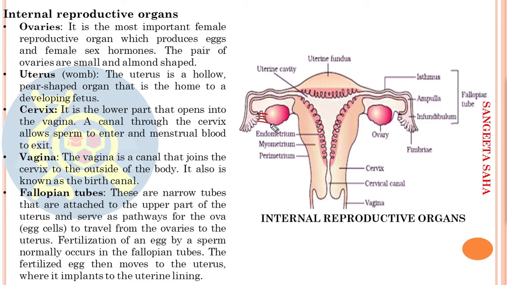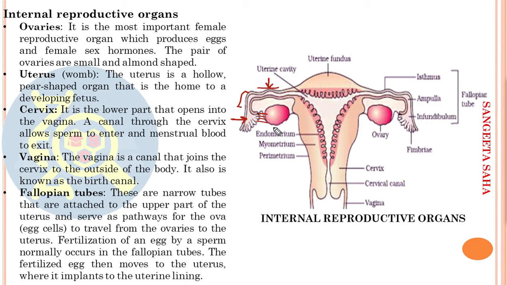Now, these ovaries have to produce eggs, and these are to be collected by the fallopian tube here. The fallopian tube has three parts. The first one is the funnel-shaped part, which is the infundibulum. This part is the ampulla, and this part is the isthmus.